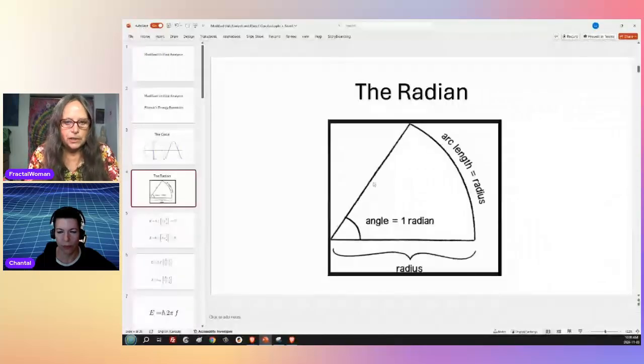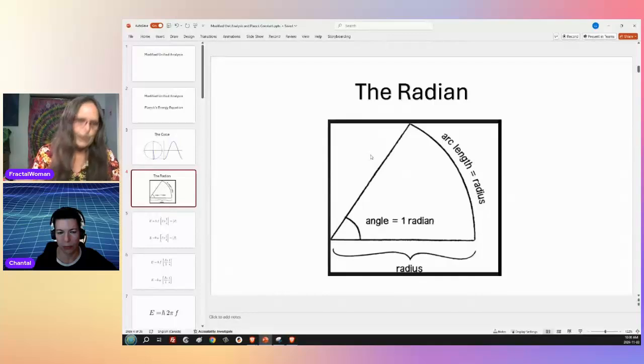But to me, the radian is not special. The cycle is special, because once around is once around. The radian is an arbitrary angle such that the arc length is equal to the radius. That is cool, but it's sort of arbitrary as well.